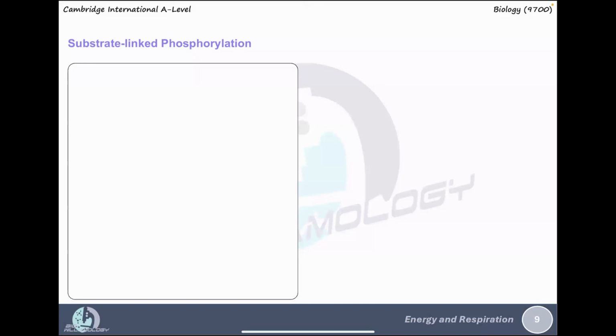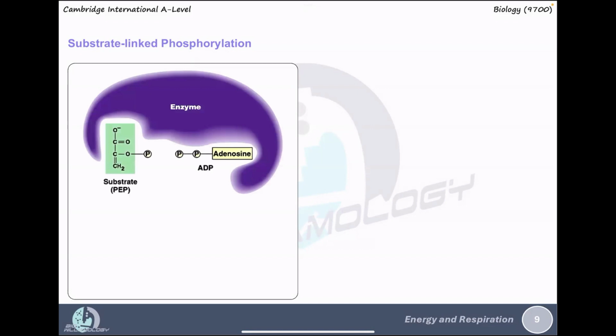We start with substrate-linked phosphorylation. During this process, we can see that we have the substrate here. The substrate has one phosphate group, and we have the ADP. Both of them bind to the active site of an enzyme.